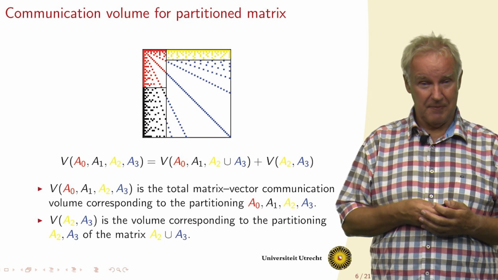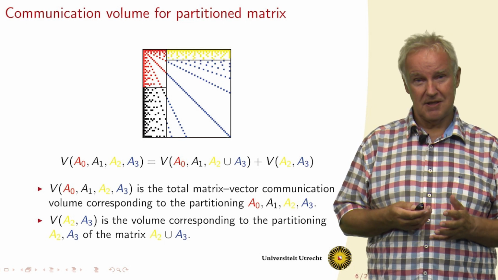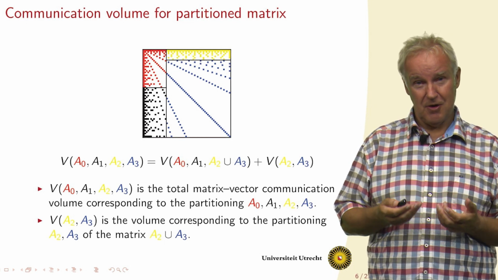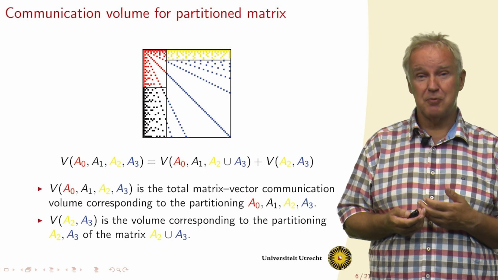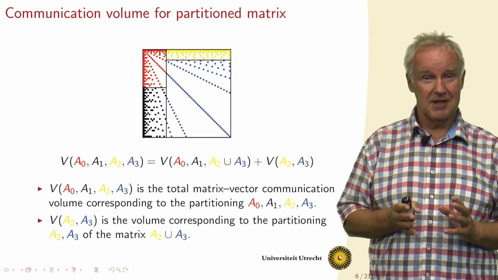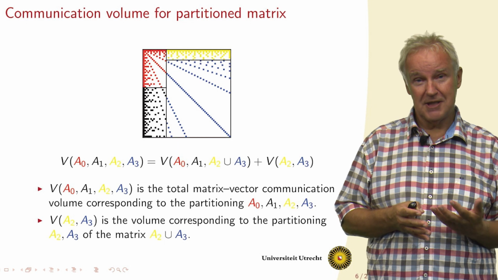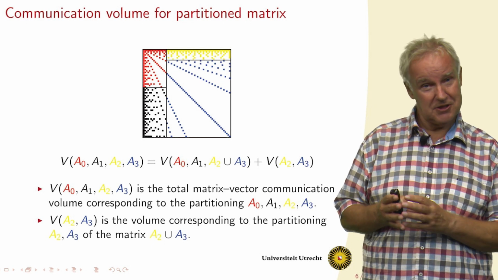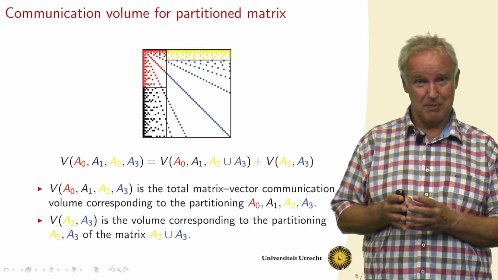What does it mean? It means that once I've split the matrix into a number of sets, and I want to perform another split, I don't need to look at the history of the splitting. I don't need to look at the rest of the matrix. I just need to look at the part that I want to split.